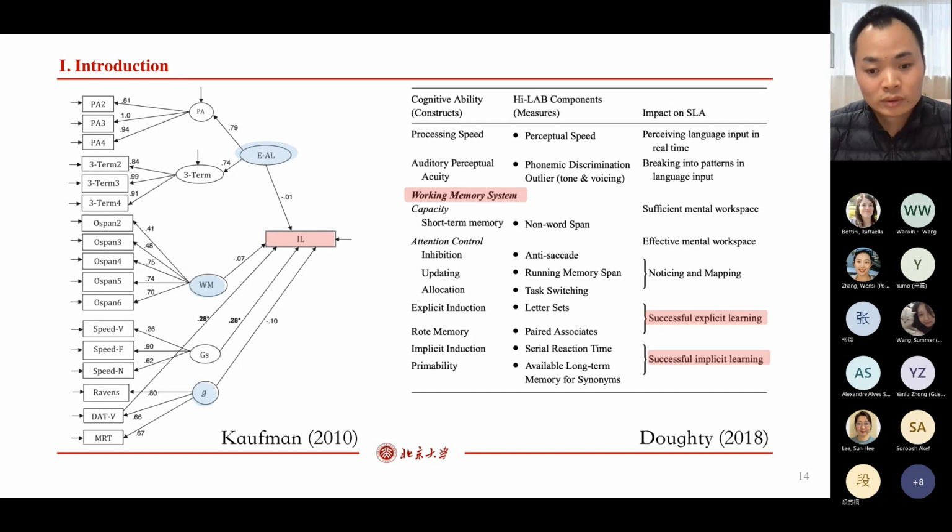And in other work, for example, Doughty and colleagues developed the High-Level Language Aptitude Battery for successful language acquisition. In their context, they also had this three-component model: working memory, explicit learning ability, and implicit learning ability. So by showing this slide, I'm trying to explain why I'm going to treat language aptitude as three different components: implicit aptitude, explicit aptitude, and working memory.